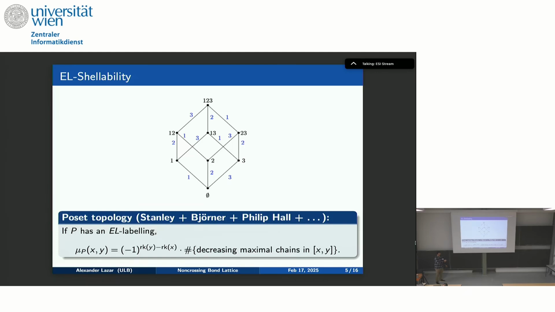And the Mobius function, up to a sign, which I'm sure I'm off by 1 because I always am, is the number of weakly decreasing maximal chains in that interval. So if I want to do this sort of Mobius number count, I just have to count these chains with these labels. And frequently, this turns out to be a lot easier than computing the Mobius numbers for big posets, if you have shellability.